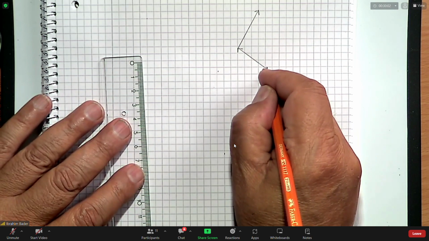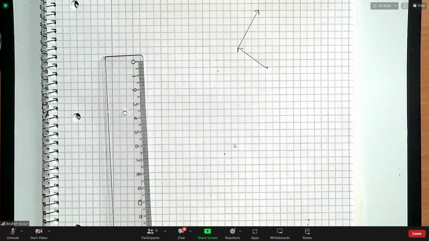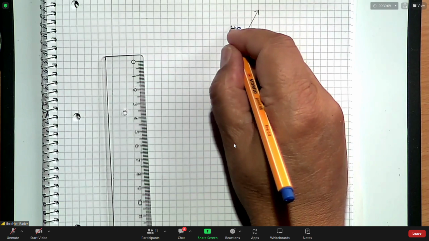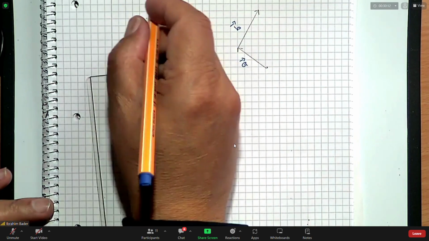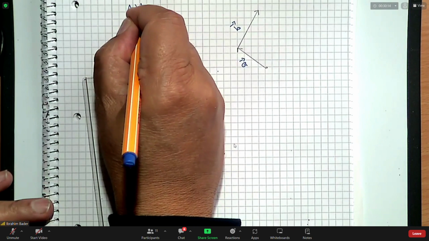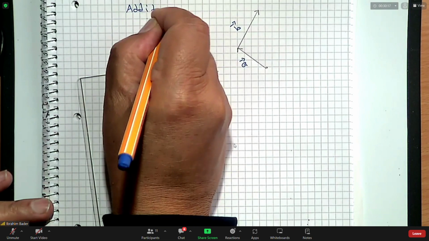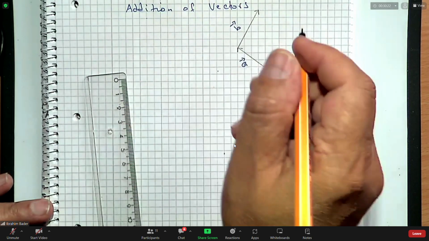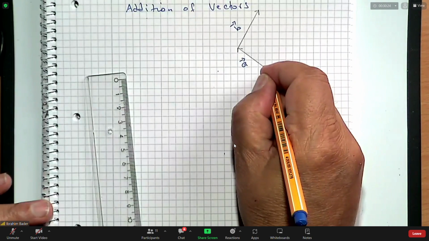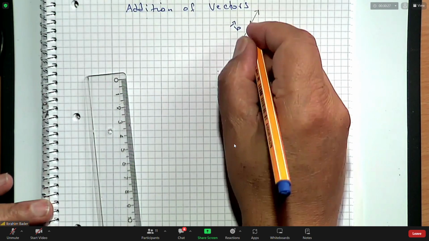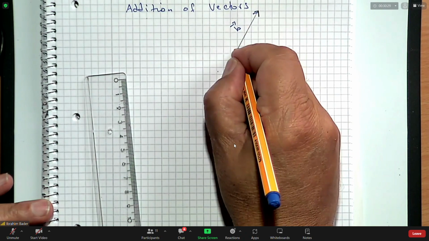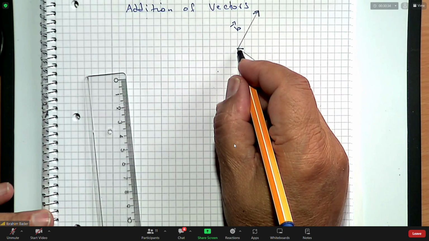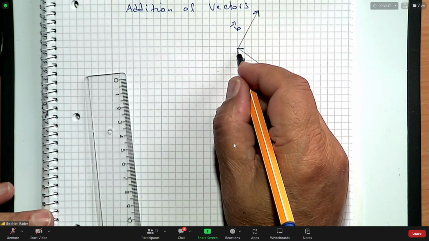Okay. Now here we assume this is vector A and this is vector B. So here we are going to define addition of vectors as follows. This is the tail of vector A, this is the head of vector A, this is the head of vector B, of course. Now, as you see here, we place the tail of the second vector on the head of the first vector.